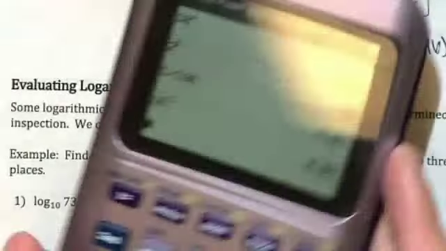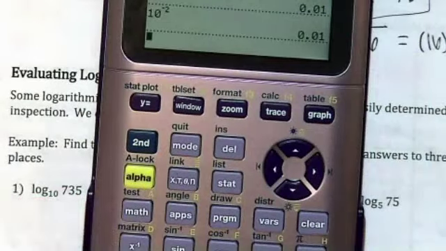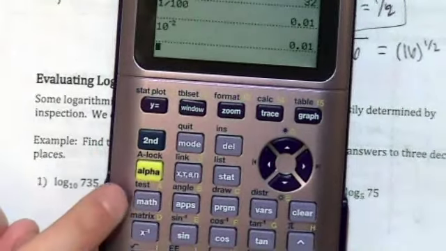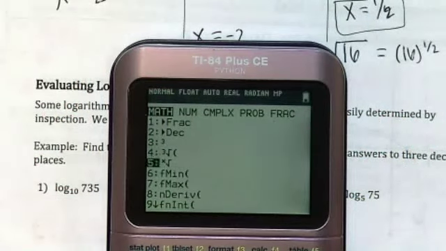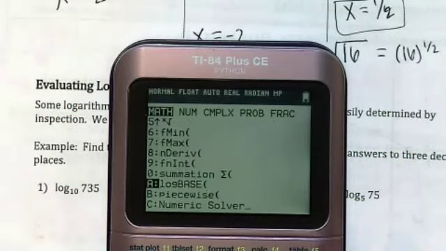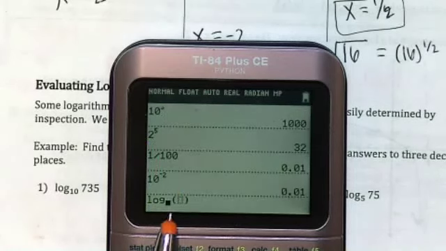Okay, let me show you. All right, here we go. I'm going to select my math button. And I'm going to go all the way down to A. And it says log base. And it has 2 areas that you can input values.